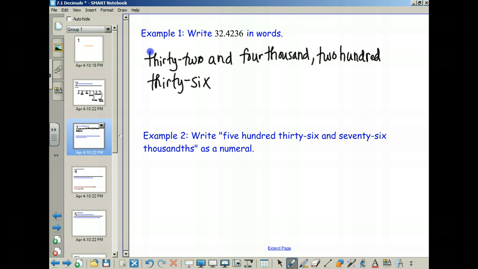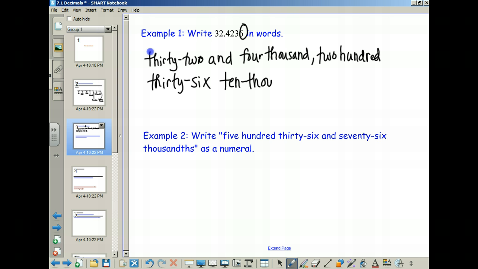Now we say the location it's in. The location is based on where the last number is. So what is the place value of my 6? What is 4 places over going to be? That is the ten-thousandths location. And so we indicate that right at this point by saying ten-thousandths.